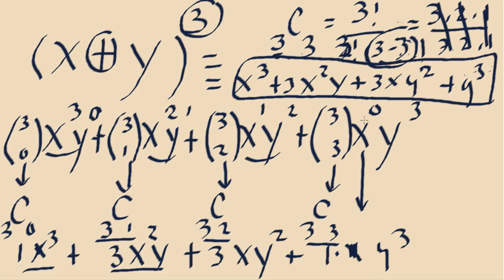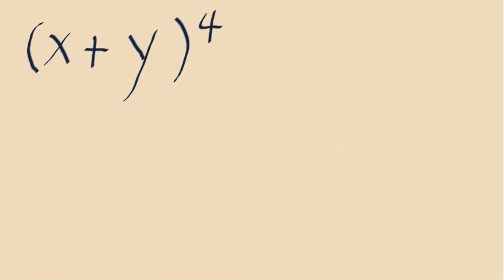Okay, let's look at the last example. Say x plus y to the fourth. So we're going to start with, again, x to the fourth, then x cubed, x squared, x1, and then x0.